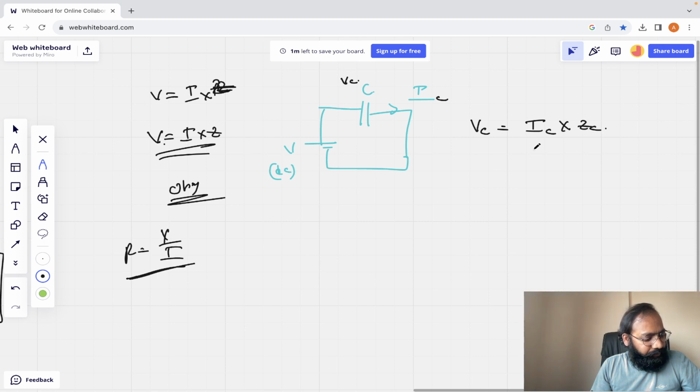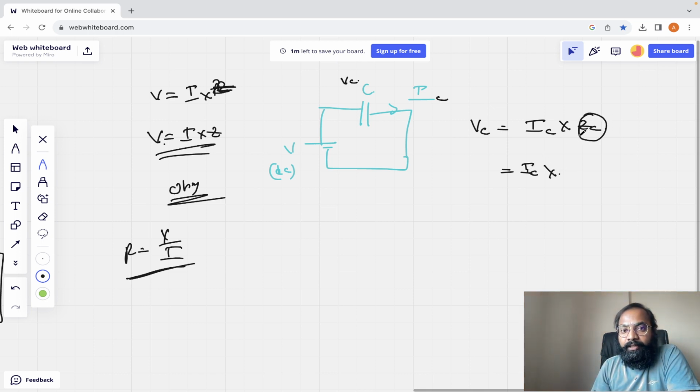Okay, fine. Now that is equal to IC, the current flowing through the capacitance, into the impedance of the capacitance, what I told, 1 divided by j omega c. Correct. Now VC is equal to IC divided by j omega c. Correct.